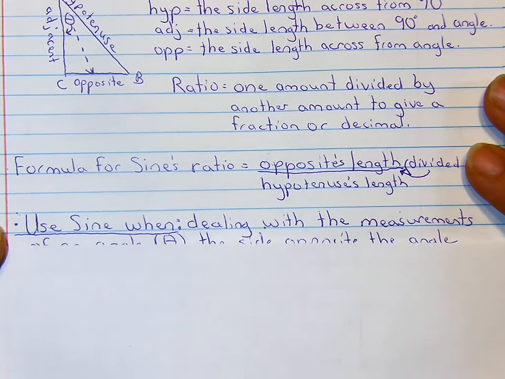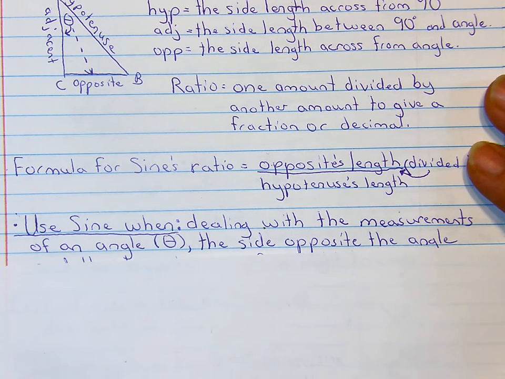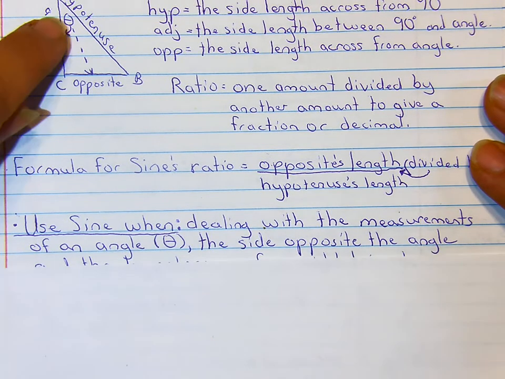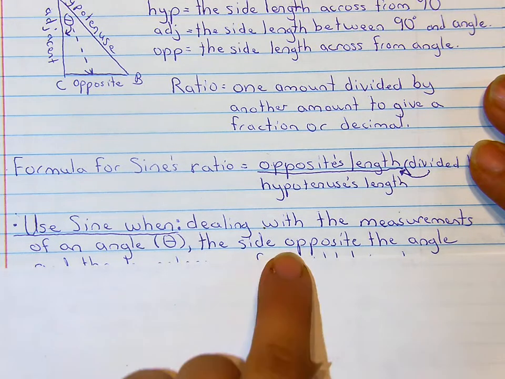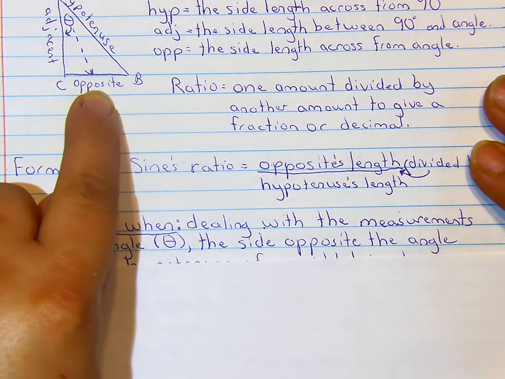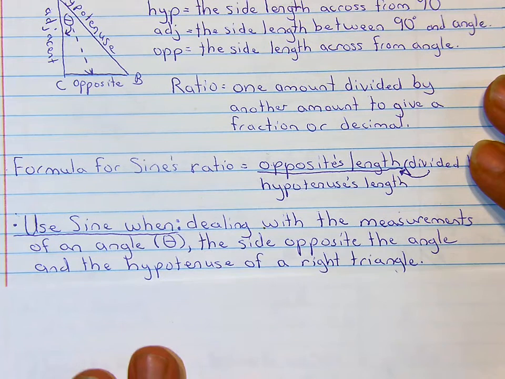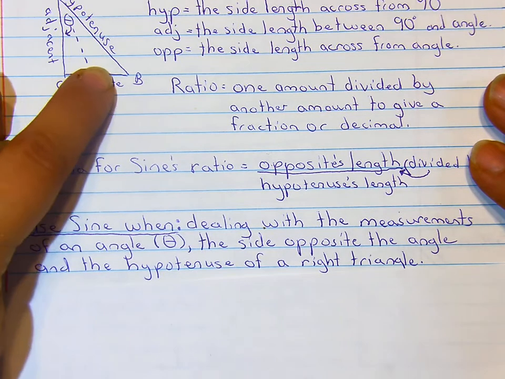So you're going to use sine when you're dealing with measurements of an angle and the side opposite of the angle and the hypotenuse of the right triangle.